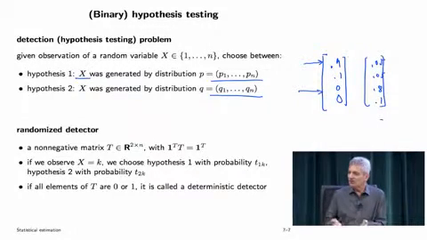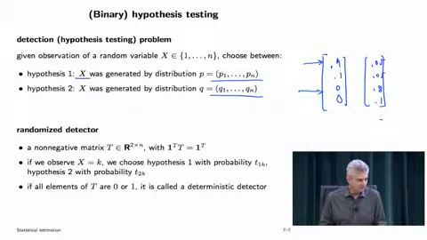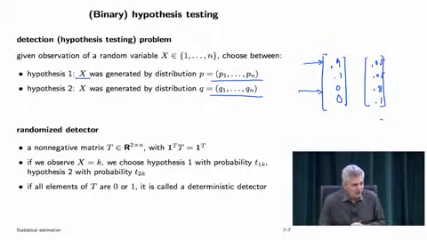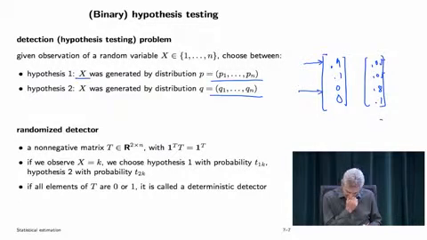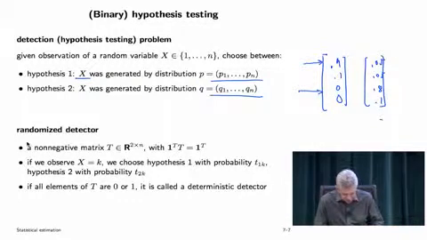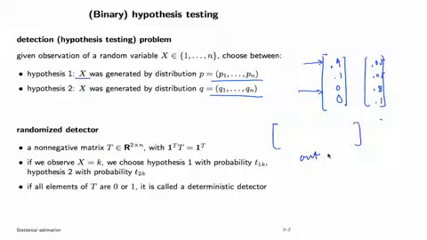Okay, and so now we're just going to look at what is a good and principled way to make this choice. So we're going to look at randomized detectors. A randomized detector is a matrix. It's 2 by n. These are the outcomes here, and then this is something like 1 and 2.